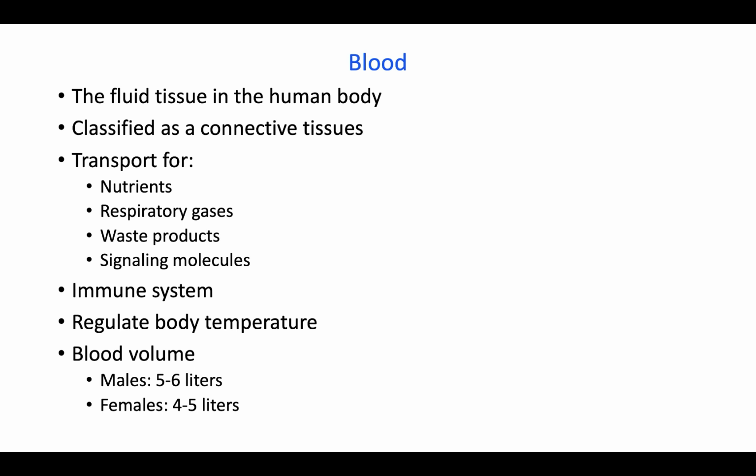Blood is also involved with body temperature regulation because warm blood is transported from the interior to the surface of the body. On the surface, heat is released from the blood. The average blood volume of males is about 5 to 6 liters. In the case of females, 4 or 5 liters.